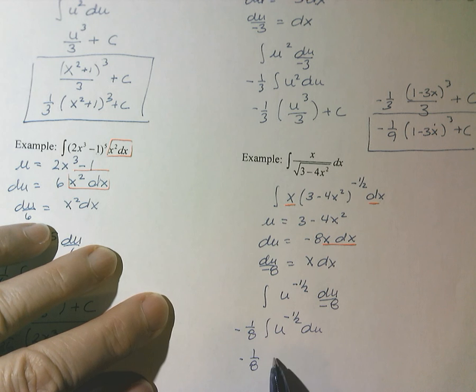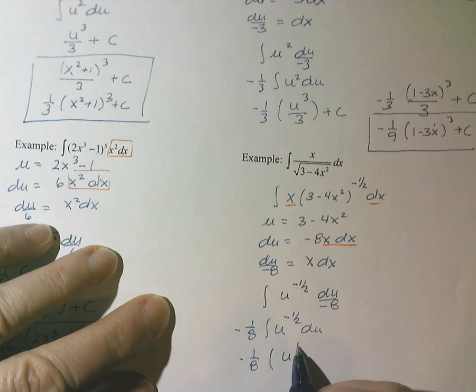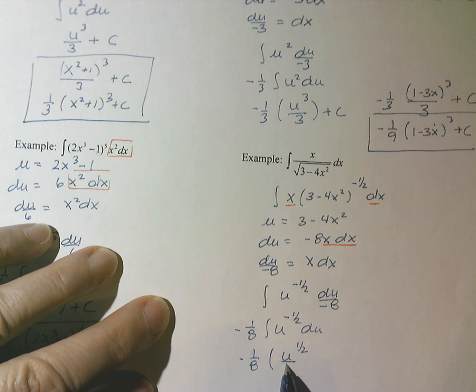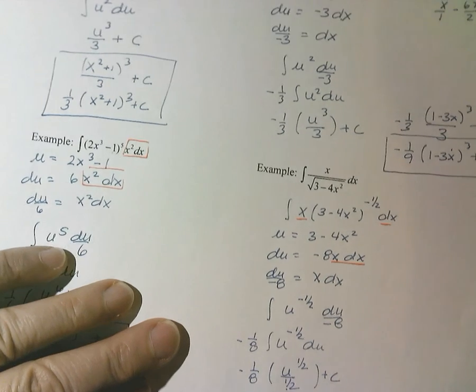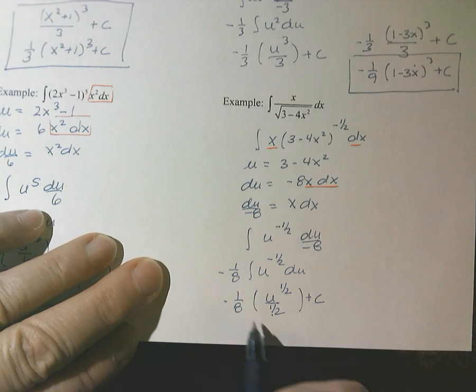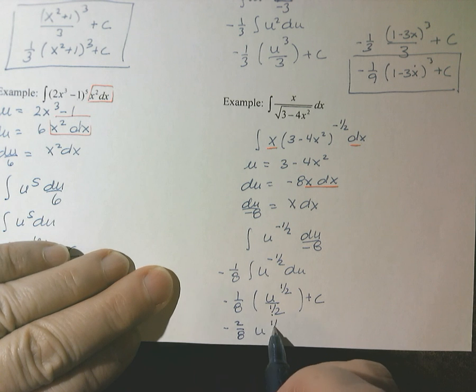-1/8. U to the -1/2, add 1 to that, I get u to the +1/2. Divide by 1/2. Add C. When I divide by 1/2, I'm multiplying by 2. So what's going to happen, when I multiply by 2, I have negative 2 over 8, u to the 1/2 plus c.